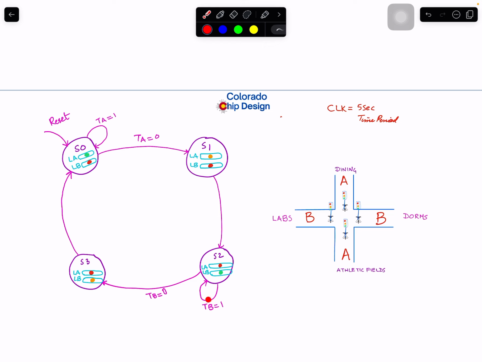As long as there are students here, we keep this on, and when there aren't, we go to another state for just one clock cycle. In that case, we put this one in yellow and this one is still red because we are in a transition state. Then without checking anything, after one cycle, we go back to S0. Now this is off and this is on.